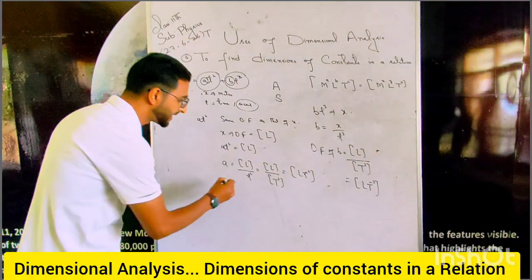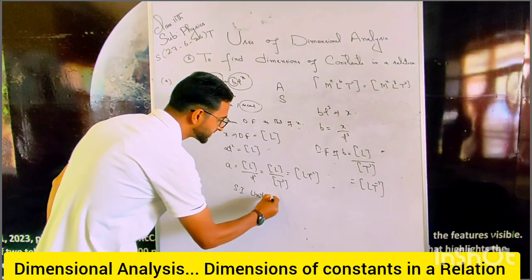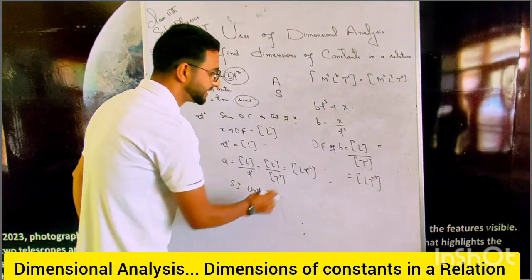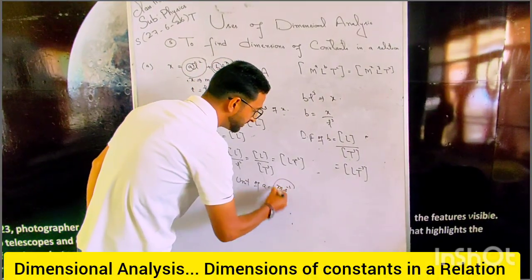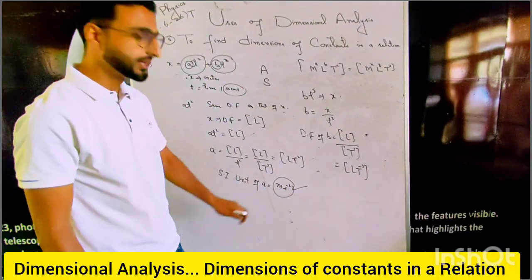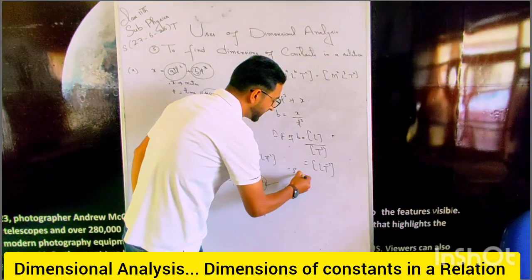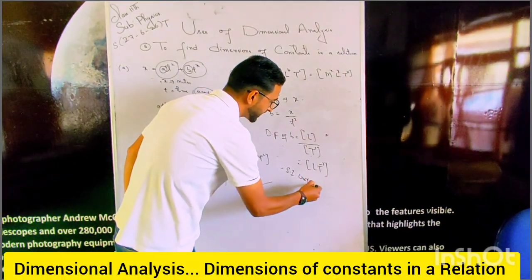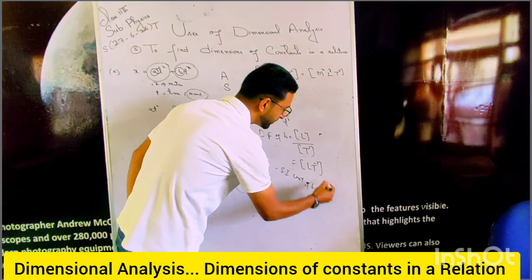Now let's try to write the SI unit of A from this relation. So L we represent it by meter and time by second. So this is meter per second square. It will be the SI unit of A, and from this very dimensional formula, let's write the SI unit of B. So this will be simply meter per second cube.